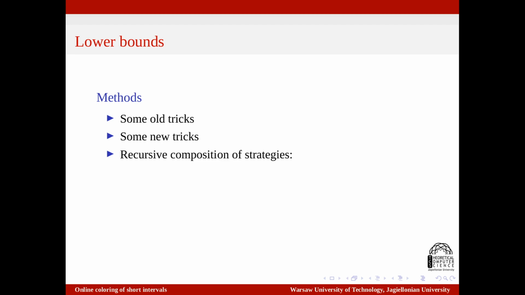So they all start with some strategy, and building on top of that strategy, they construct a new strategy which is slightly different. Usually it uses a little bit longer intervals, but proves a better bound for competitive ratio.